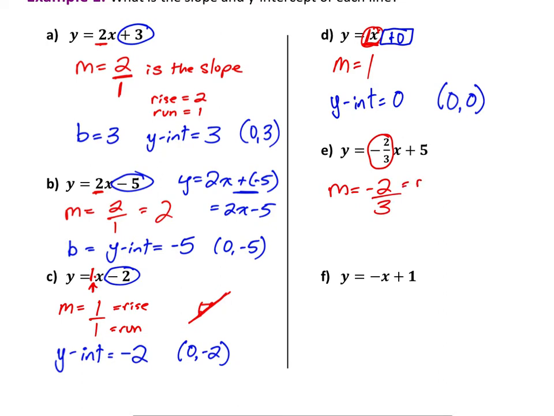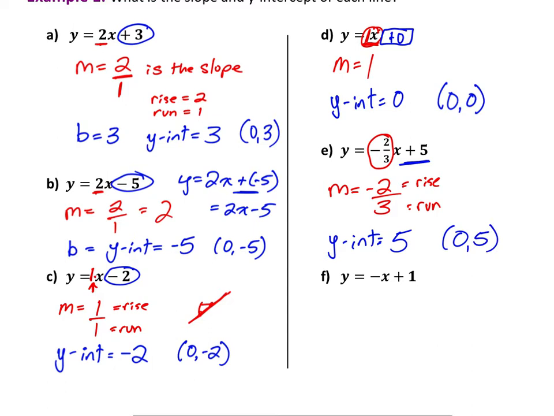The rise is negative 2 when the run is positive 3. And for the y-intercept, we're adding 5 as the constant term, so that y-intercept would be positive 5, and (0, positive 5) would be the point on the graph.